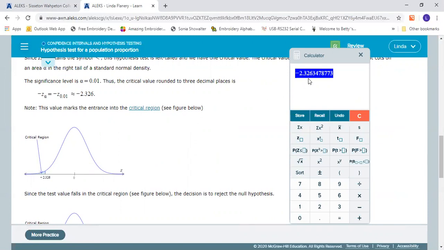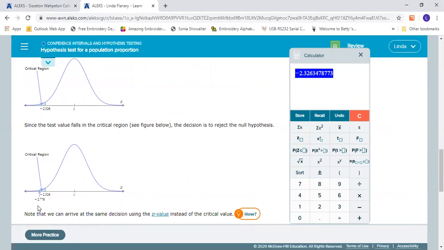So the critical value is negative 2.326. My test statistic was negative 2.776. Negative 2.776 is less than negative 2.326. Since it's less than, that's our alternative hypothesis. So we have to believe that the alternative hypothesis is true, that it is less than.